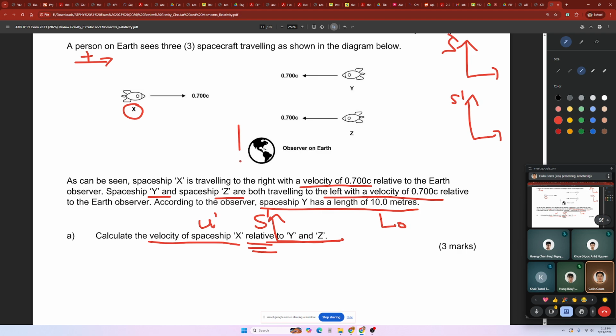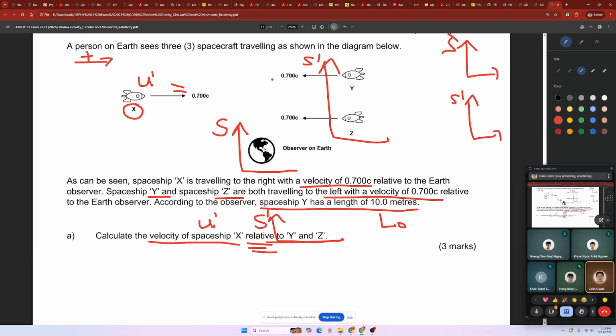So for us, it's very easy then to establish which is the stationary and which is the moving frame of reference, and then assign our velocities based on that. So we want to find the velocity of the moving object relative to the moving frame of reference, okay?